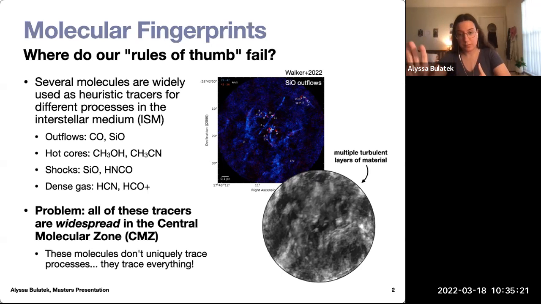As we can see in the circular figure at right, the really extreme densities and dynamics of what's going on at the center of the Milky Way make the distributions of these molecules pretty complicated, and it brings the molecules that typically trace each of these processes very far away from sites of star formation. So that makes them much less able to be harnessed as tracers for these processes.